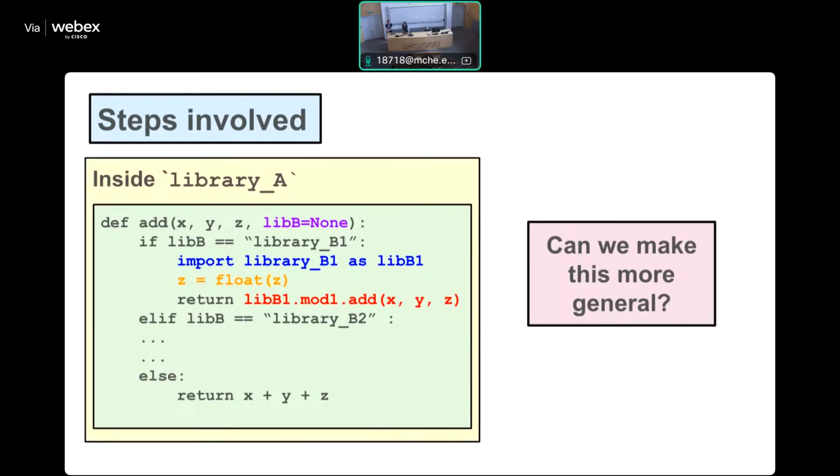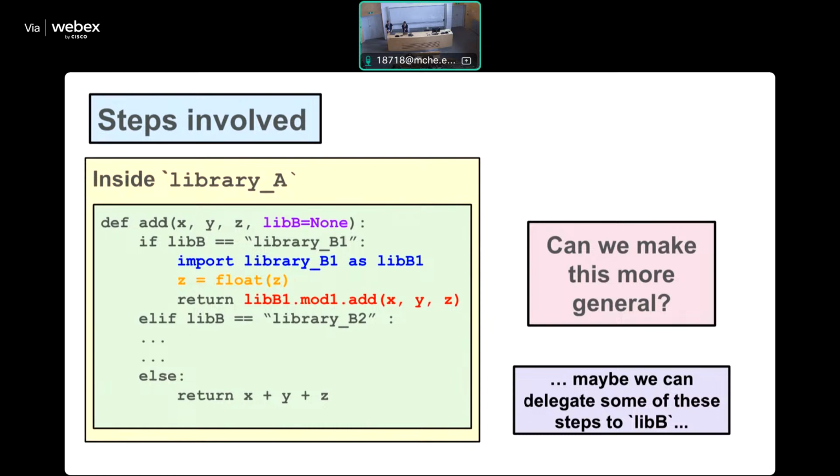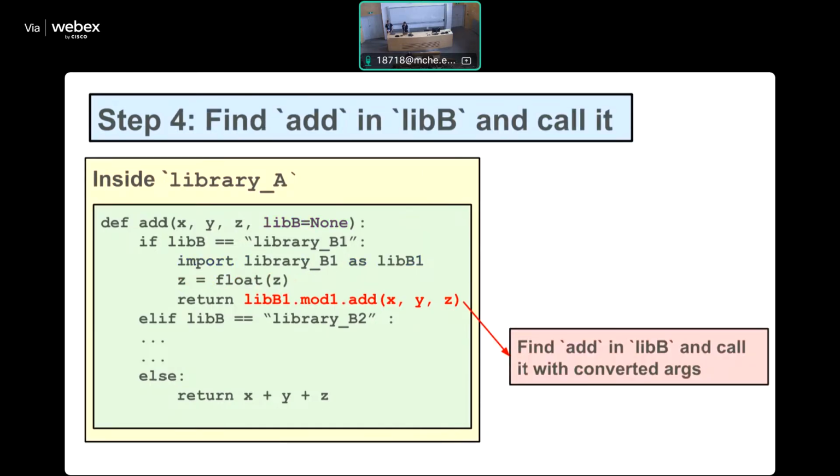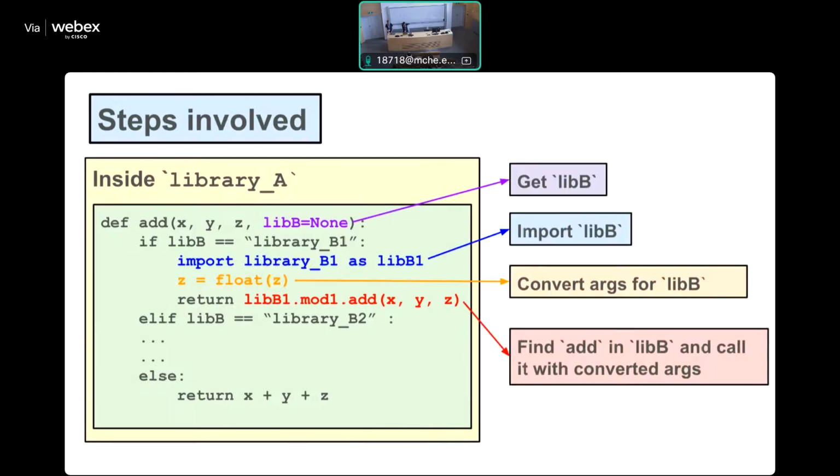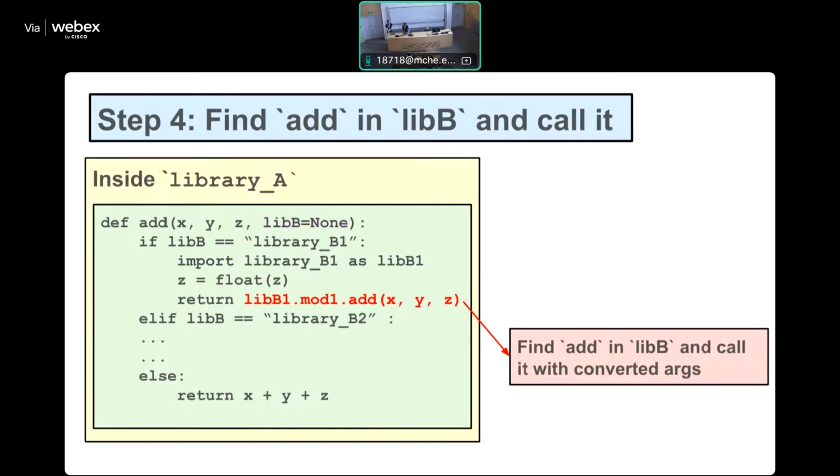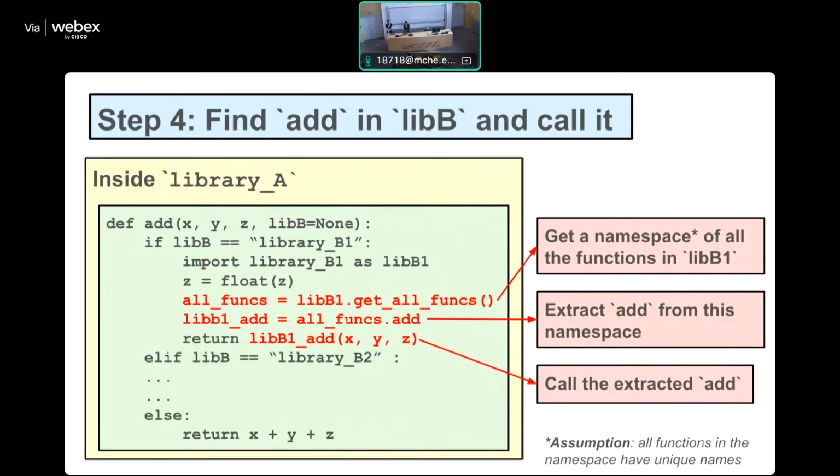But can we make it more general, because there are so many if-else conditions? Maybe we can give some of the responsibility to libraries B1, 2, 3, 4. So here, library B1 offers a namespace, and we get all the functions in that, and all the functions have unique names.